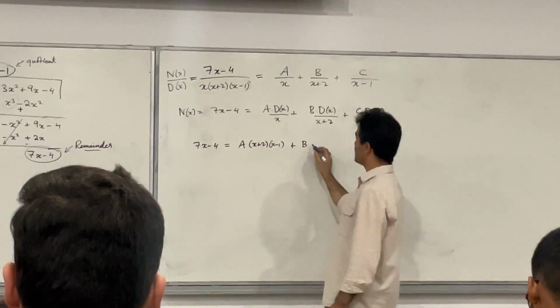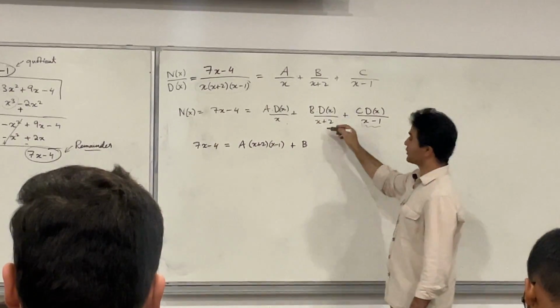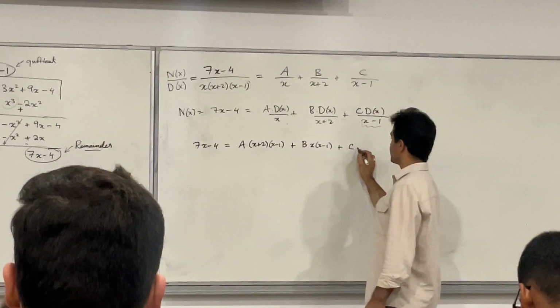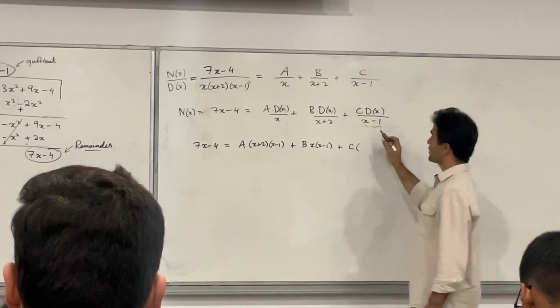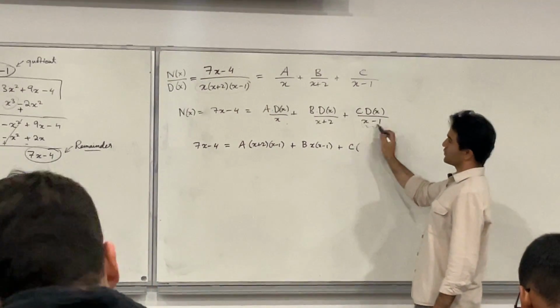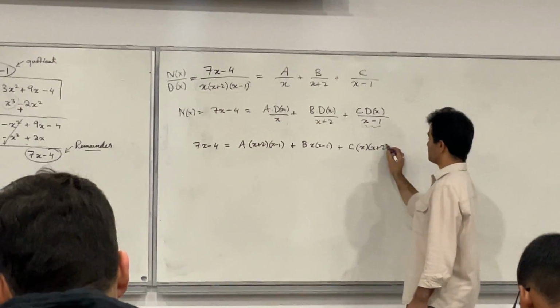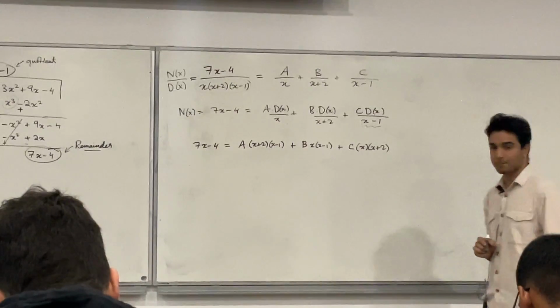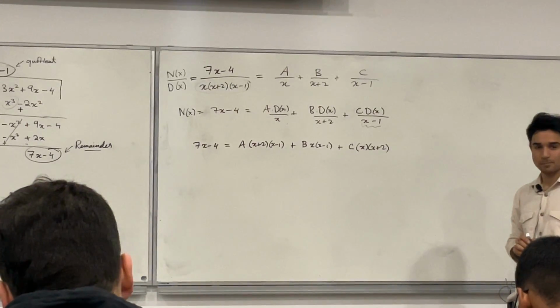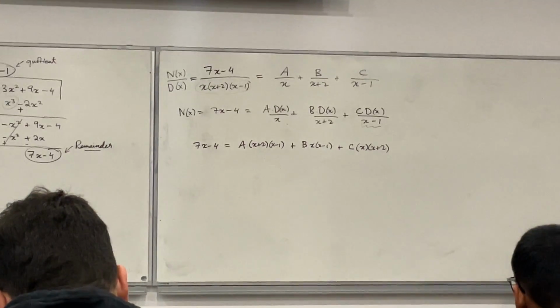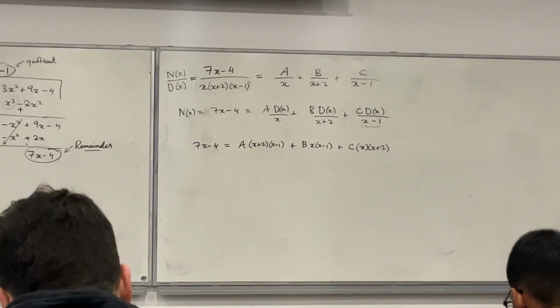And then there's a b, x plus 2 gets cancelled, so there's x times x minus 1. There's a c, x minus 1 gets cancelled here, so x times x plus 2. Oh. No, it should be minus 3 though, in my notes. Unless I made a mistake yesterday.